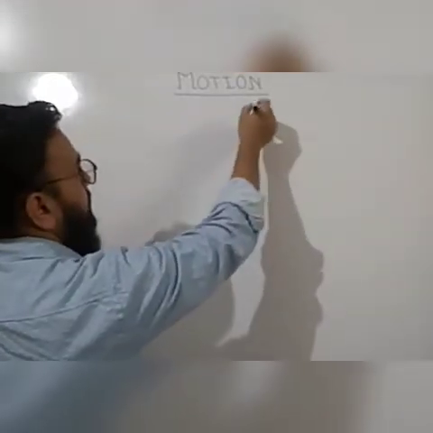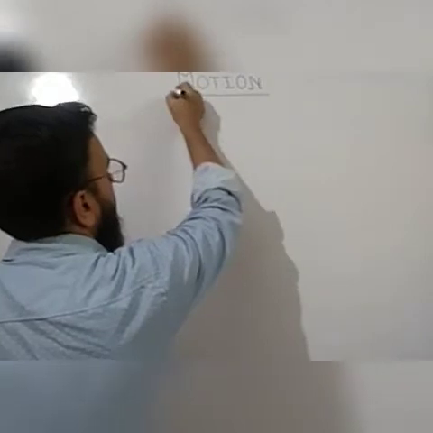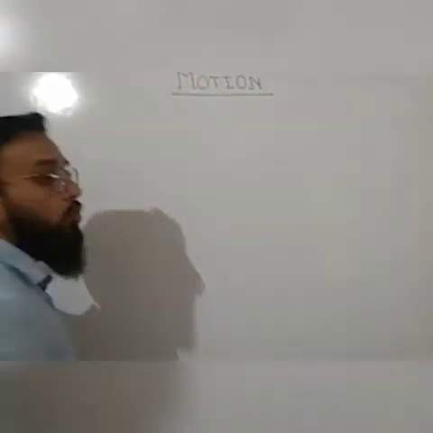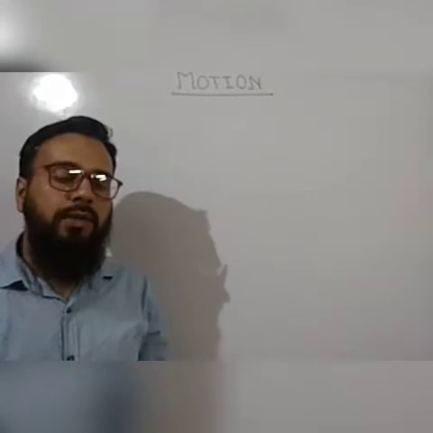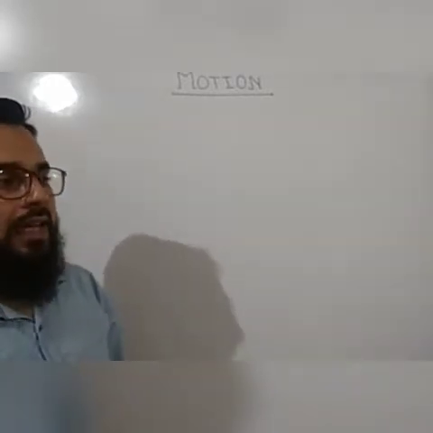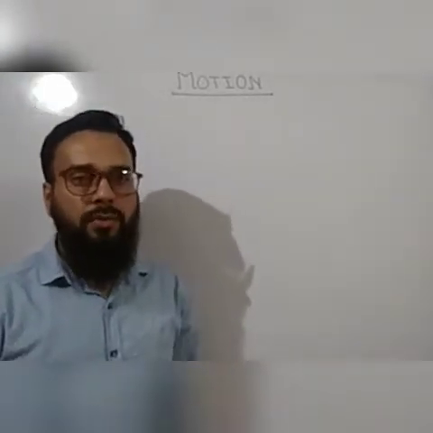So we are going to discuss the types of motion. Motion is broadly classified in two ways. The first way to classify the motion is according to the change in position, and the second is according to uniformity and non-uniformity.